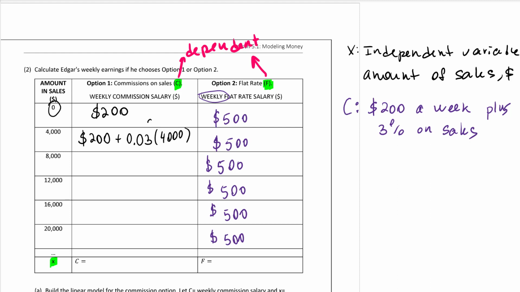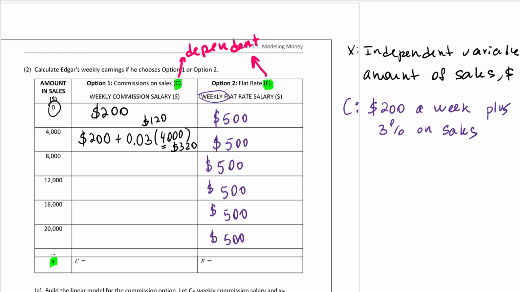So that would be $120. And then 200 plus 120 will give you 320. Okay, so $320. Excellent.